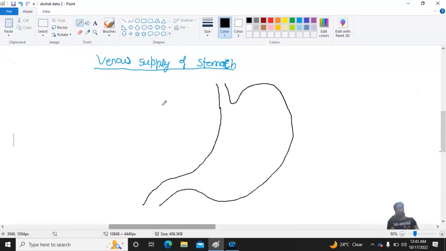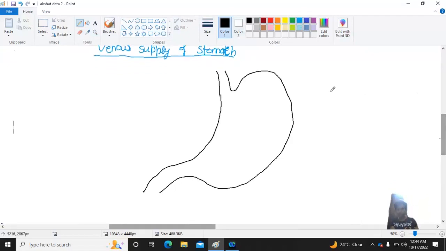Then this is the stomach. First, we know there is a vein formed behind the neck of the pancreas. Here there is the pancreas, the pancreas neck. This is the pancreas portion below. It is behind the stomach.